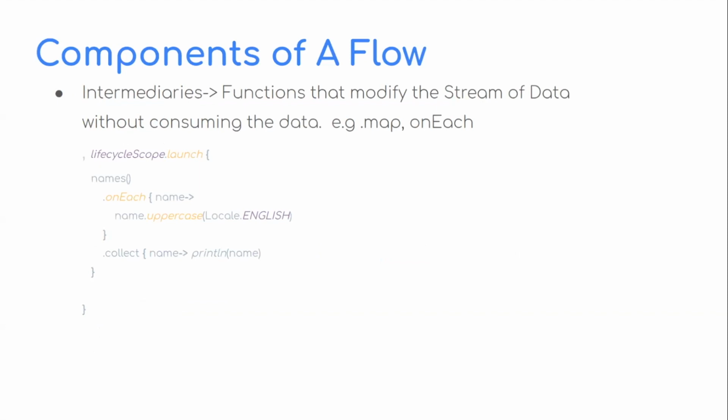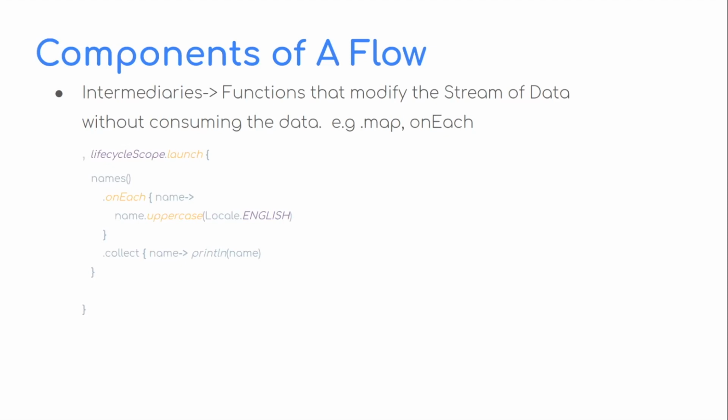Let's say you're fetching the names of people from our backend. When you call onEach, we can do an operation on the data. We also have another one which is called map. Let's say we are converting data from one type to the other. We can use map to convert this type from type A to type B.